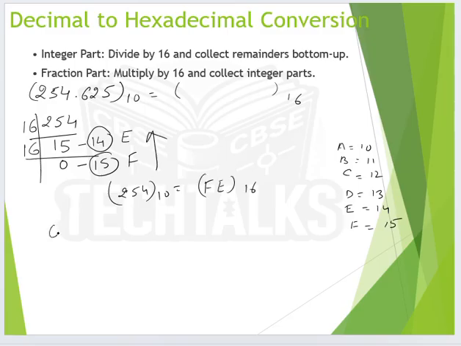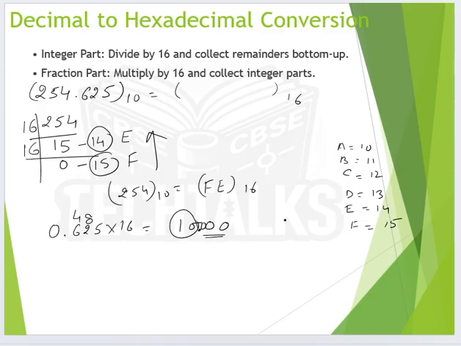Let's take the fractional portion. 0.625 multiply by 16. 16 5s are 80, so carry 8. 16 2s are 32 plus 8 is 40, carry 4. 16 6s are 96 plus 4 is 100. The decimal point will come here. So this is only the integer part, the rest is all 0.